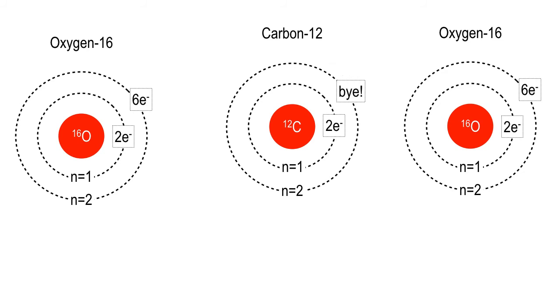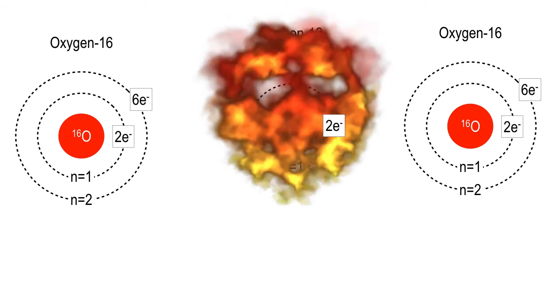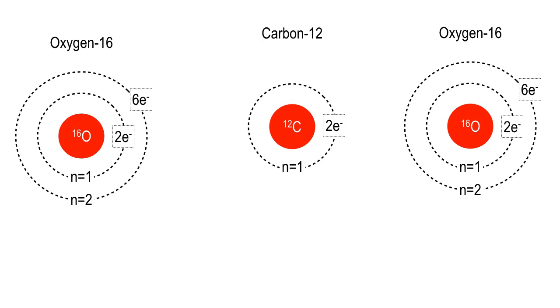Here we go. Bye-bye. And then your fully occupied energy level is n equals 1, and that's like helium. Then those 4 valence electrons, jing, they go over to one oxygen, and then cha-ching, 2 go to the other oxygen. And now oxygen is happy as a clam under the sea.